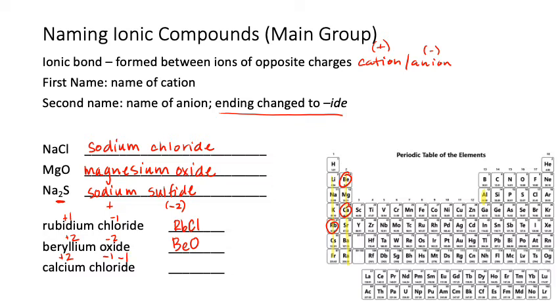If we add another one, now we're at a total of -2, and calcium has +2. So this is going to be CaCl2. Again, the reason why we have two chlorines is because we need both of these negative charges to offset the positive 2 of calcium.